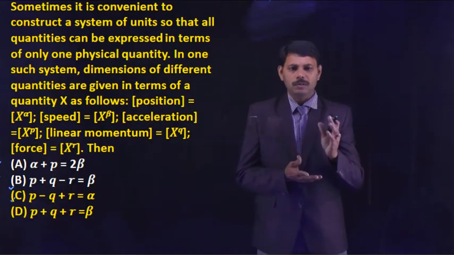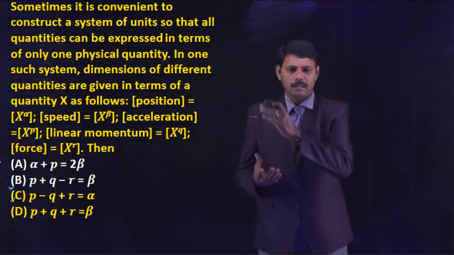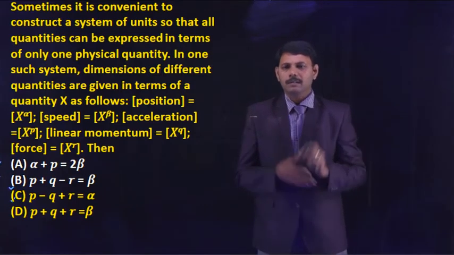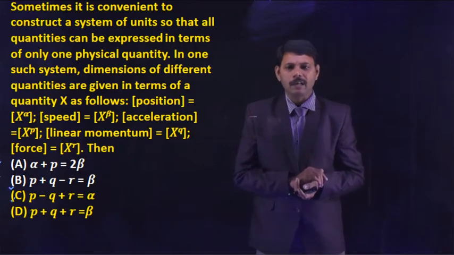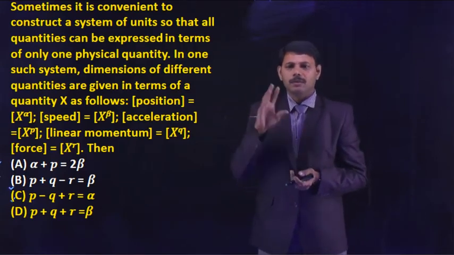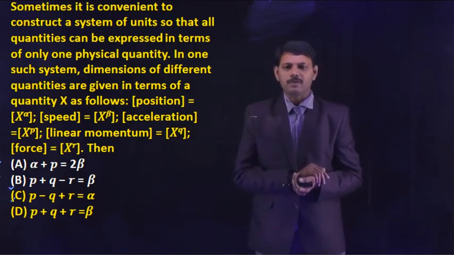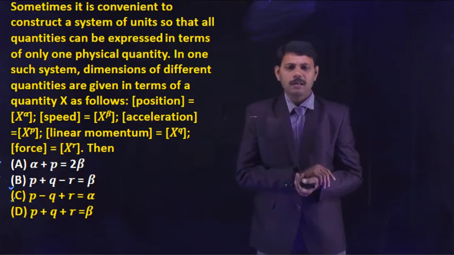This problem belongs to units and dimensions, and it is considered an easy question. Sometimes it is convenient to represent a system of units so that all quantities can be expressed in terms of only one physical quantity.